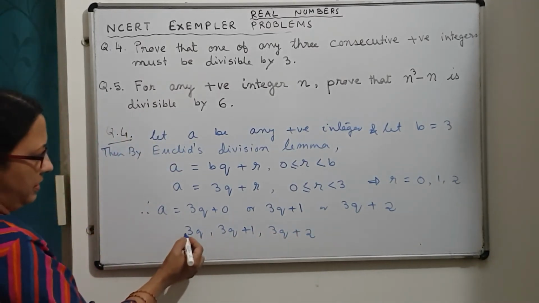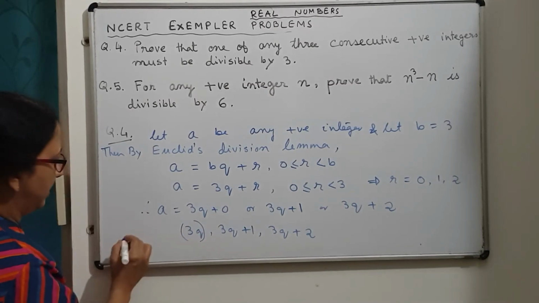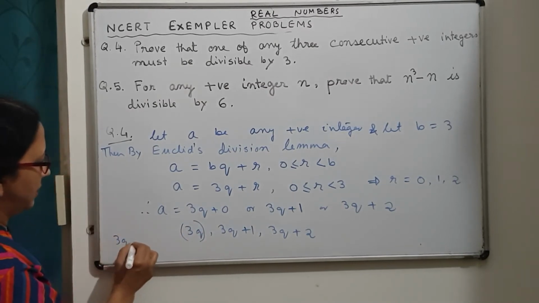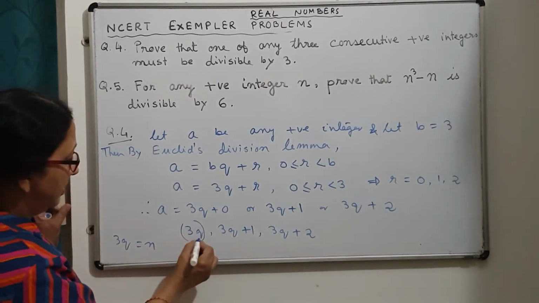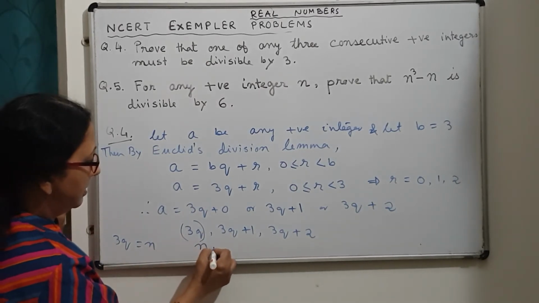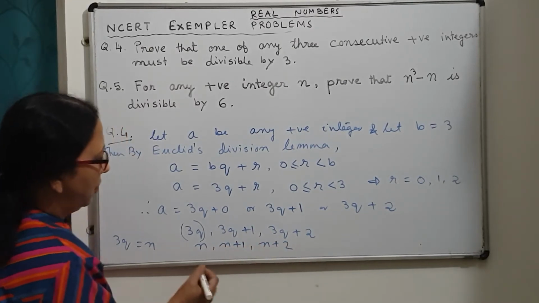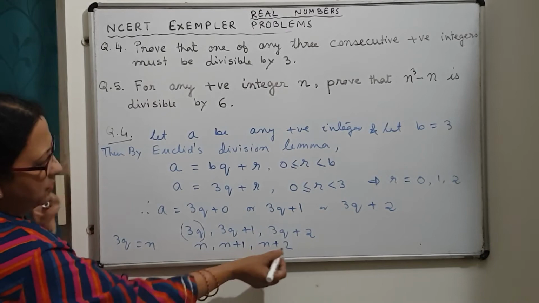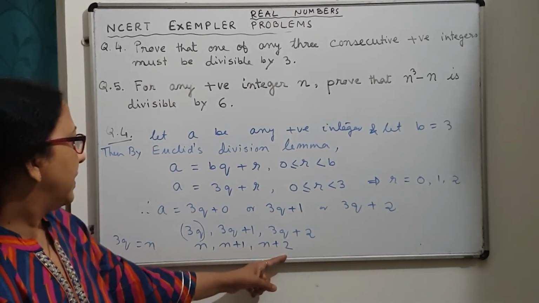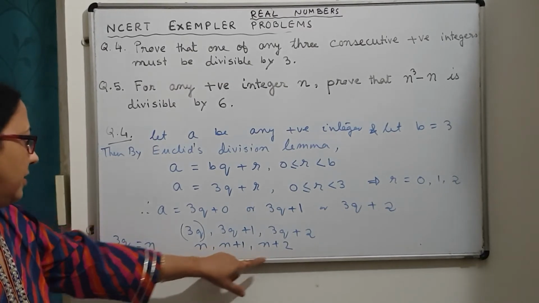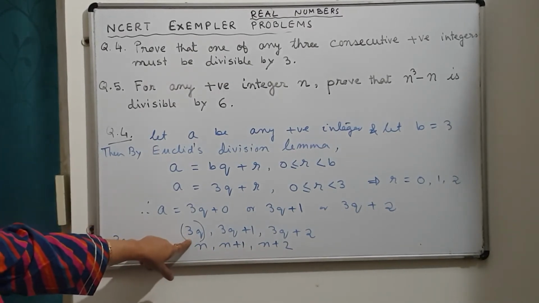Now if I take 3q to be some integer, say n, then the numbers will be n, n plus 1 and n plus 2. So you see n, n plus 1 and n plus 2 are three consecutive positive integers, and among these three only one is divisible by 3, that is 3q.